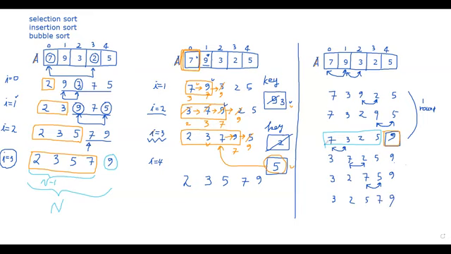So we did all comparisons, excluding 9. So finally, 7 is here. So now we have a partially sorted array.